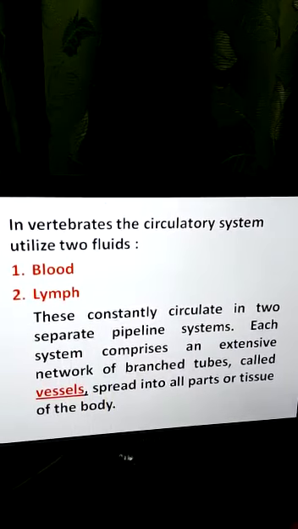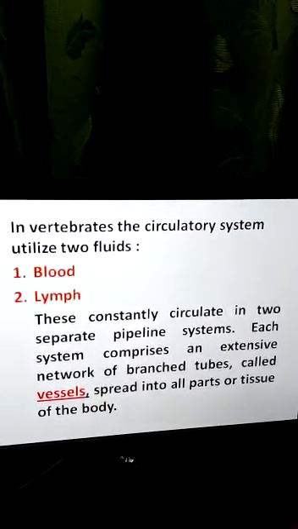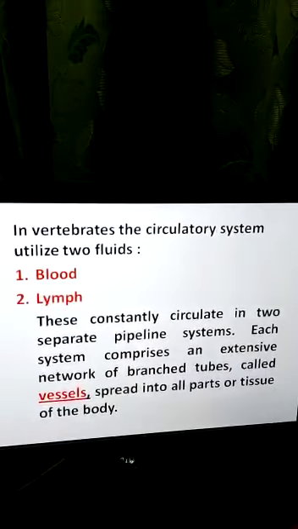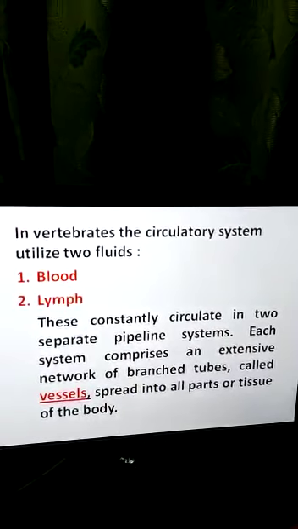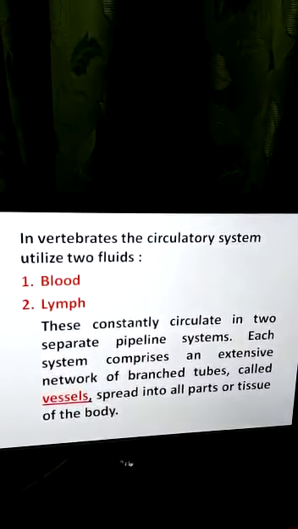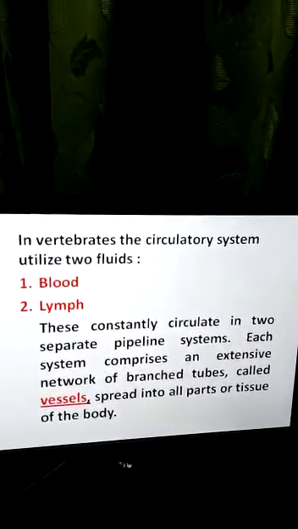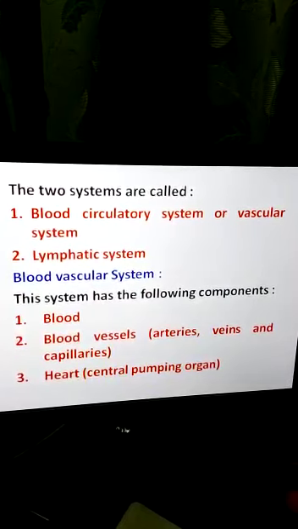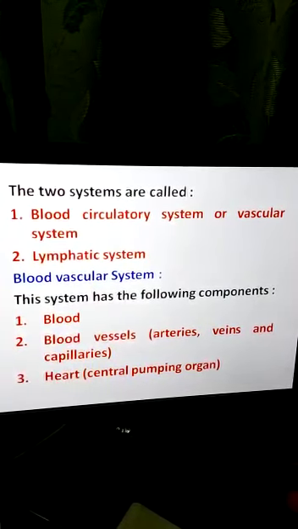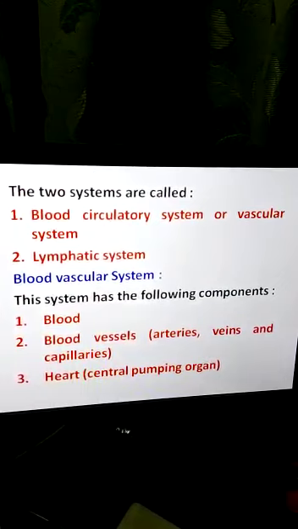Each system comprises an extensive network of branched tubes called vessels, spread into all parts and tissues of the body. The two systems are called the blood circulatory system or vascular system, and next, the lymphatic system.